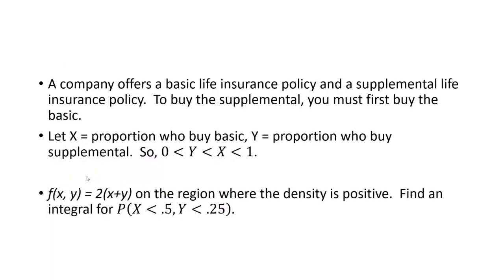The problem should always give you something about the restriction, either in the form of an inequality like this, or in words that you can interpret to get an inequality like this. So you could get this inequality if all the problem gave you was this first bullet point, that we're interested in the proportions, so it's going to be between 0 and 1, and to buy the supplemental you must first buy the basic.